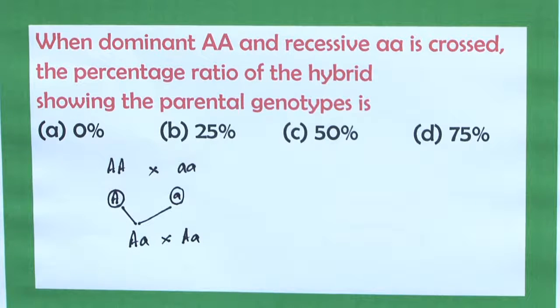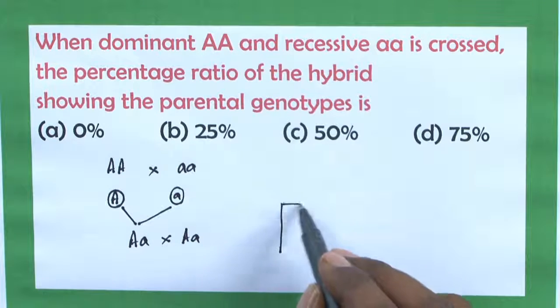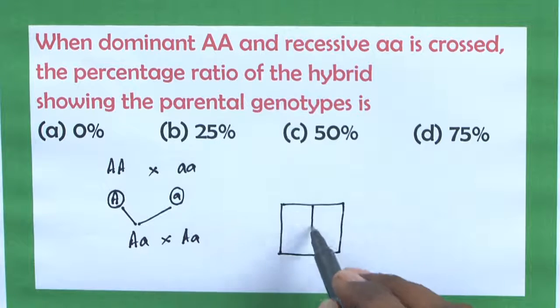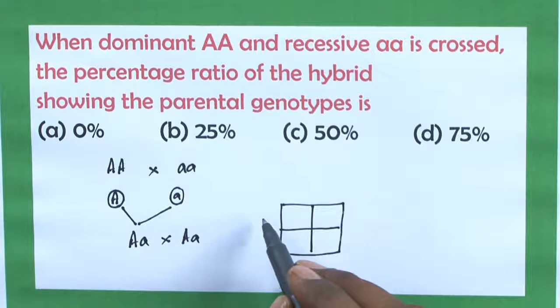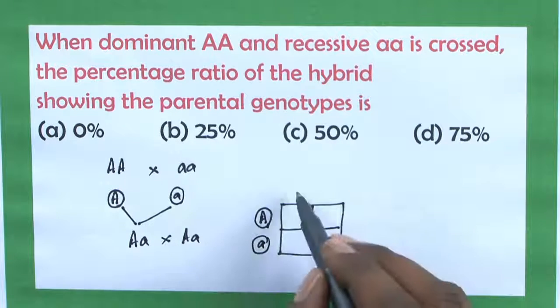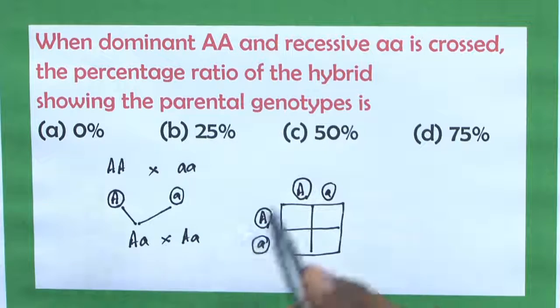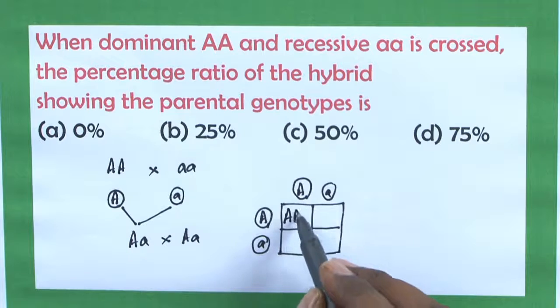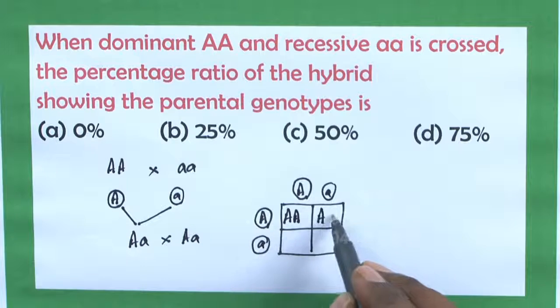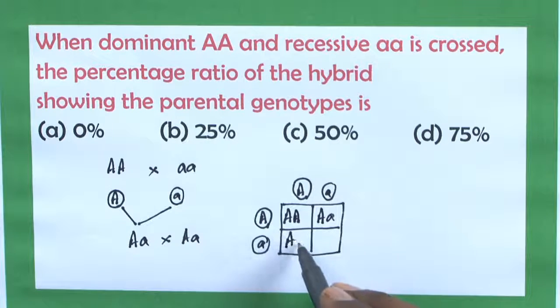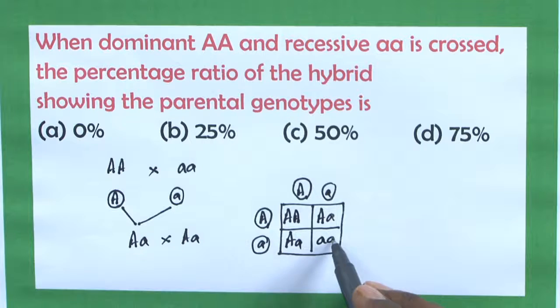That is the heterozygous condition. After selfing between these two, in the F2 generation, for example, after taking the Punnett square, I take the gametes of one plant on the left side and the gametes of the other plant on the top. After crossing we get capital A capital A, capital A small a, capital A small a, and small a small a.